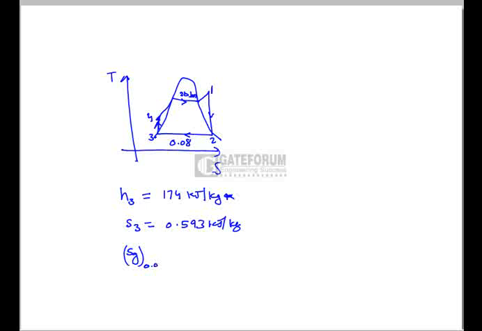And here on the line of 0.08 bar, the entropy of saturated steam is equal to 8.227 kilojoule per kg Kelvin.